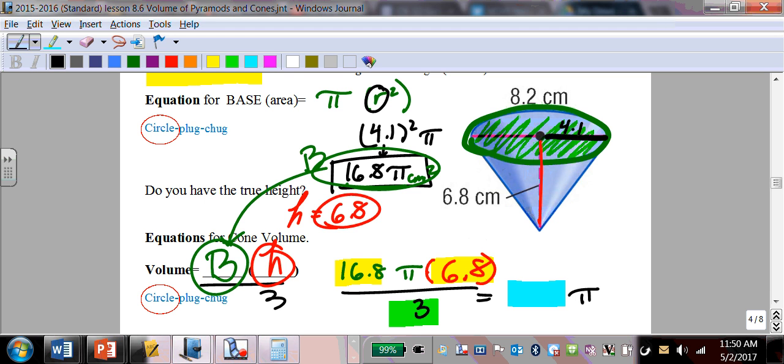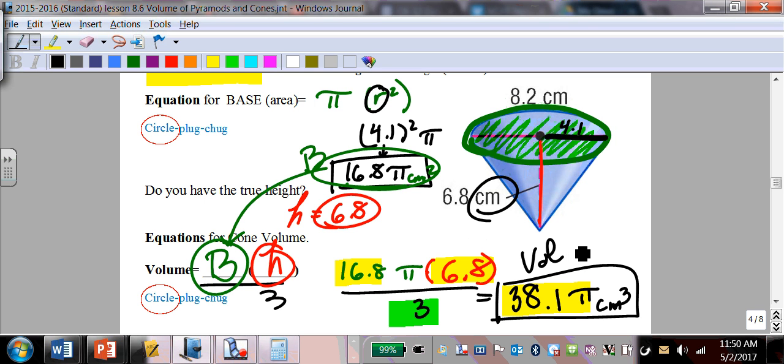What you got? 38.8, and then what's our units there, Jared? 38.1. Okay, we'll take that. Never give me a whole number unless it is a whole number. What's our units, Jared? Centimeters what, buddy? It is cubed, sir. Box that. Write the word volume.